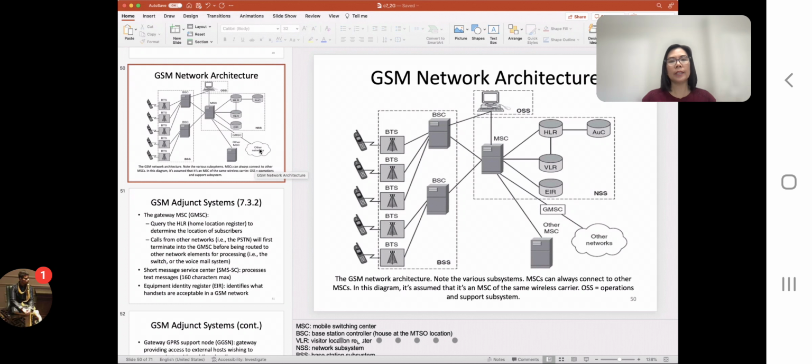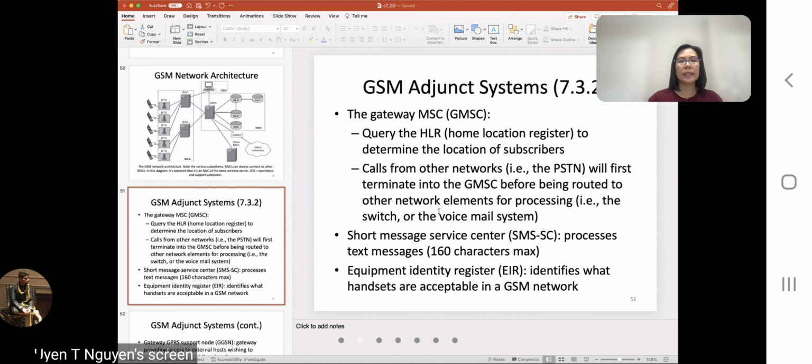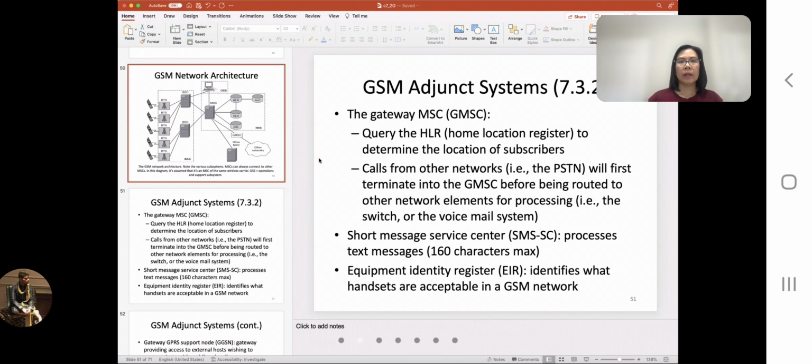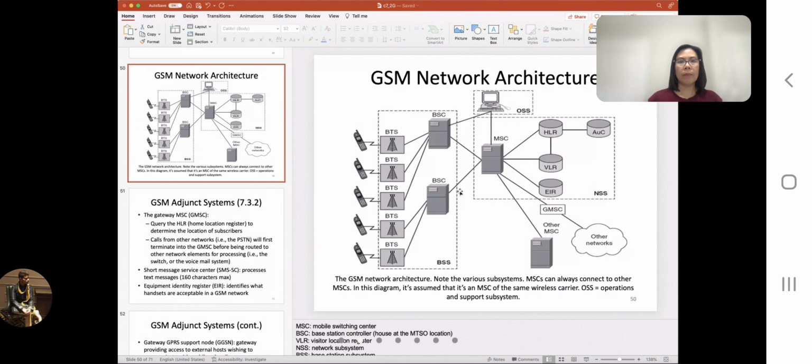So voice and data, how does it handle data? So the architecture we're talking about here is for voice. All right, so now we'll talk about data. So before we go into that, there are some other blocks, other entities in a GSM network.